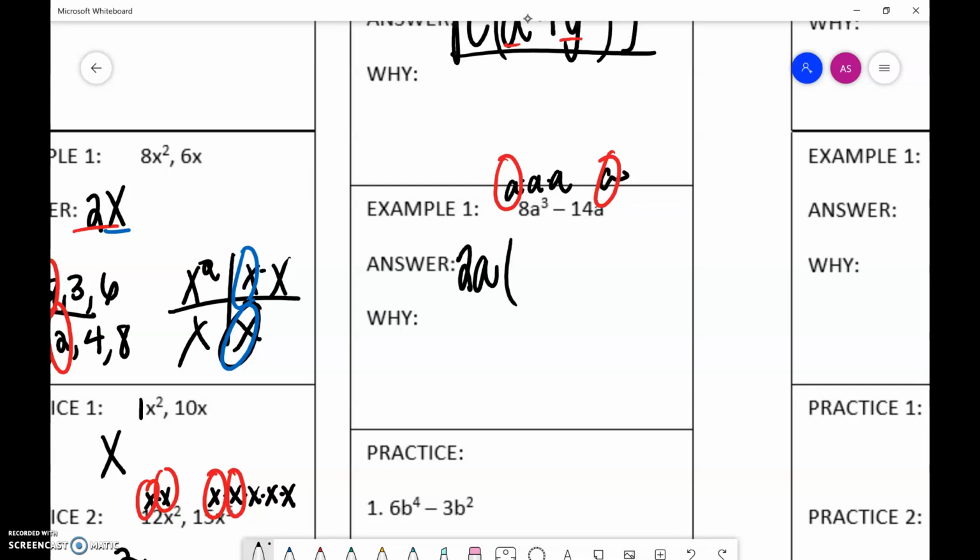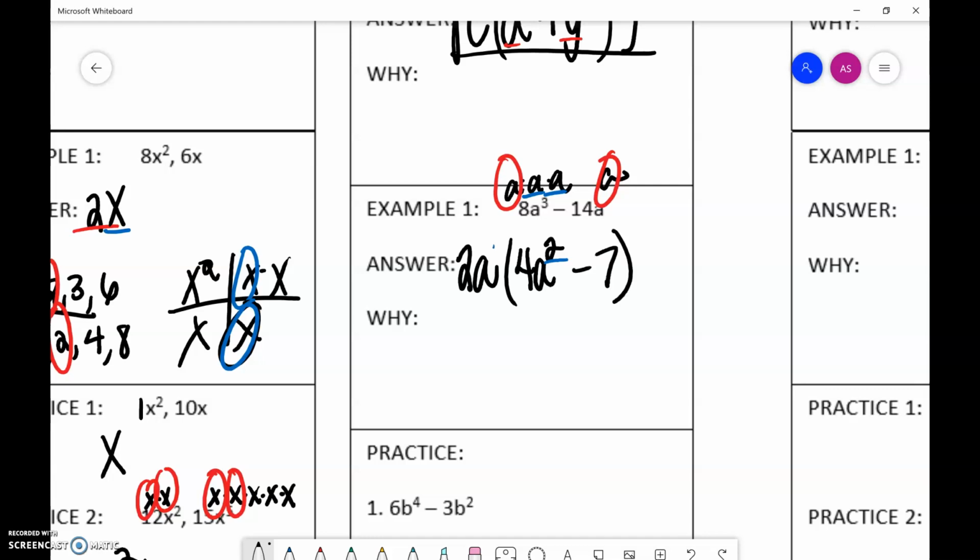Then on the inside, I'm thinking 2a times what will give me 8a cubed? That'll be 4a squared. Notice these are the 2 that I have left, so those 2 went right here. Don't forget I'm still adding my exponents: if I have 3 in total, I have my 1 here and my 2. Then 2a times what will give me negative 14a? That's going to be negative 7.